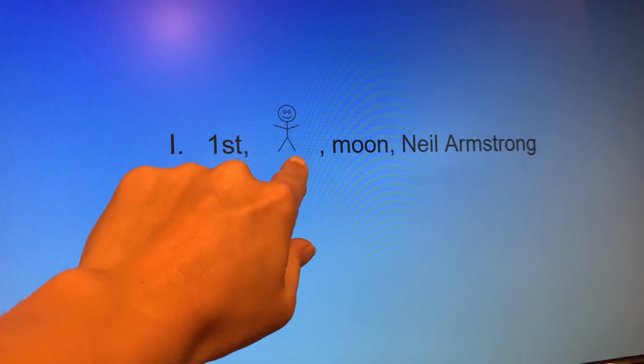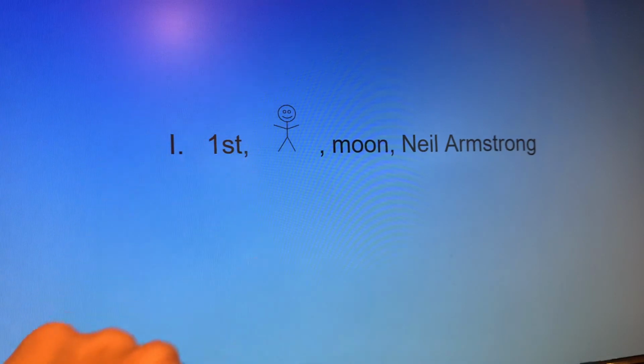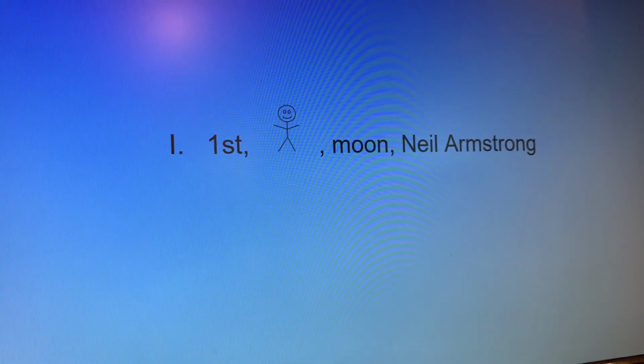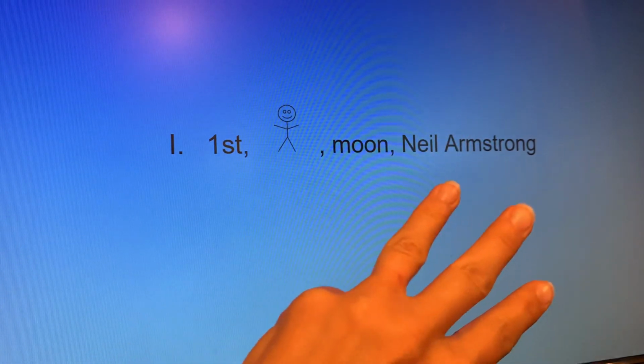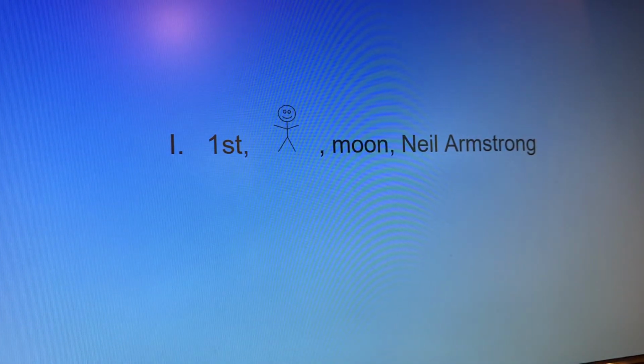So first man, I'm not using any of my 3 key words that I have to keep it to. And then moon, Neil Armstrong. There's my 3 words. And I'm staying safe, keeping it short and succinct, and I'm not missing out on any of the details. So even as we go along here, a reminder, if we underline more than 3 key words, it's okay because we've got our symbols and abbreviations.